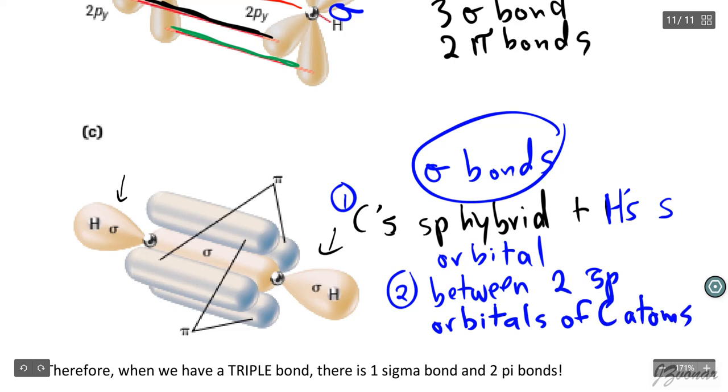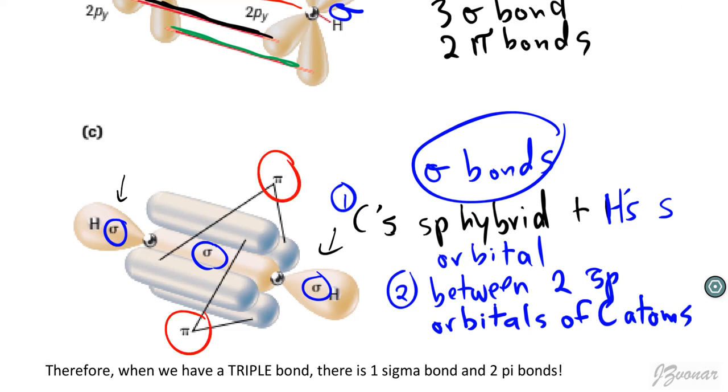And that's how we get the 3. One sigma bond, a second sigma bond, and a third sigma bond. And then above and below it, we have a set of 2 pi bonds. All right, 1 pi bond, 2 pi bonds.